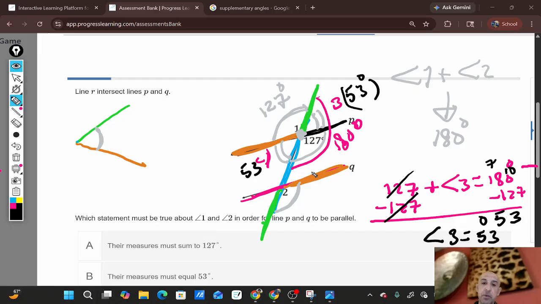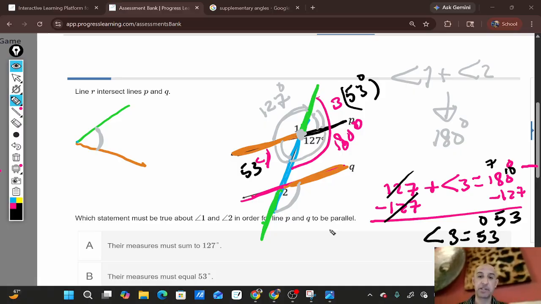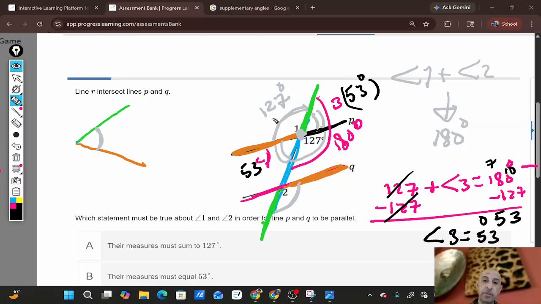Okay, now if we know the 4 angles in the top, this is the same angle in the bottom. What I mean by that, we can divide the shape like this. So we can say that angle 3 and 127 in the top or above the line. So let's talk about this, for example, the angle here, let's call it angle 5.